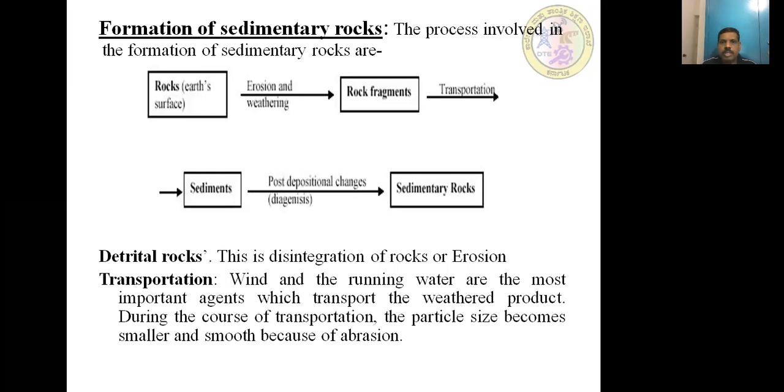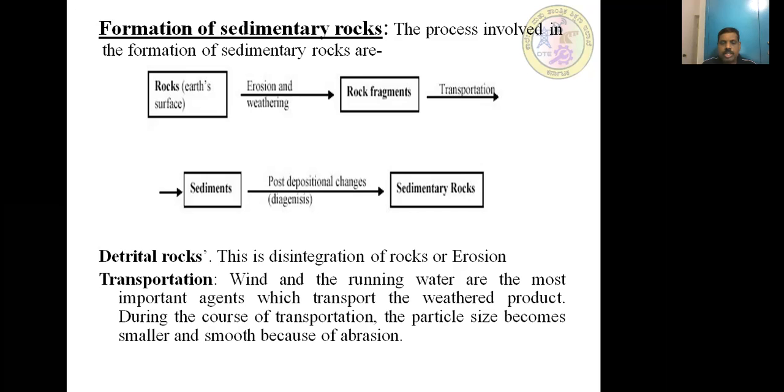Coming to formation of sedimentary rocks. The processes involved in the formation of sedimentary rocks are as follows. The rocks, when subjected to erosion and weathering, lead to the formation of rock fragments. These rock fragments are transported by various agents like wind, water, and glaciers.